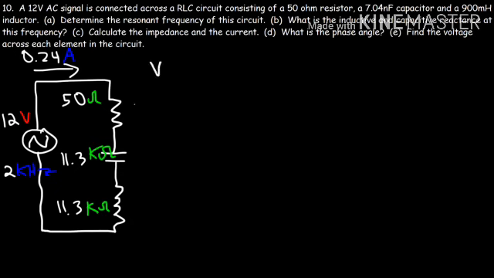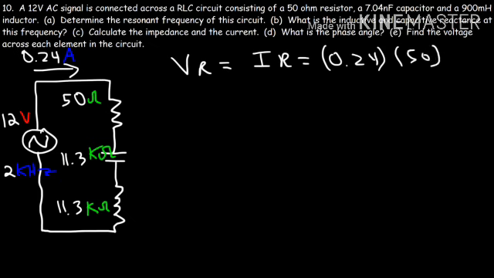The voltage across the resistor is going to be I times R. So the current of 0.24 amps times the resistance of 50 ohms. And that's equal to 12 volts.